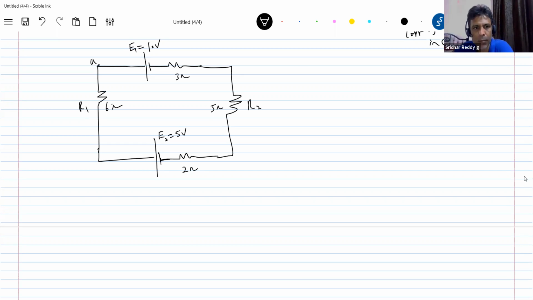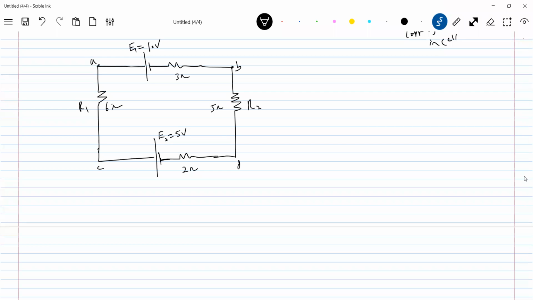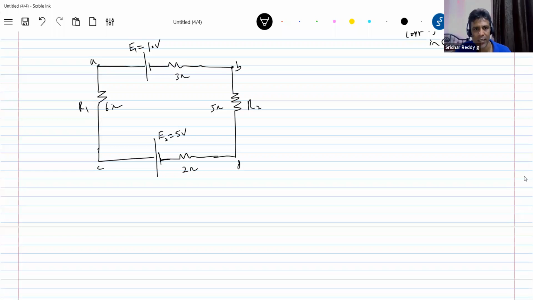These are the terminals A, B. This is C, D. So there are two cells. A, B are the terminals, C and D are the terminals. R1, R2 are external resistances. These are the internal resistances.